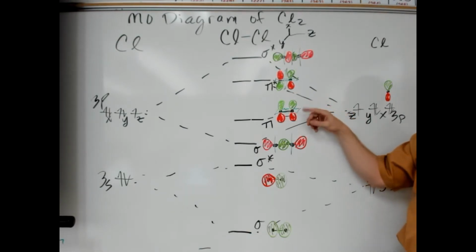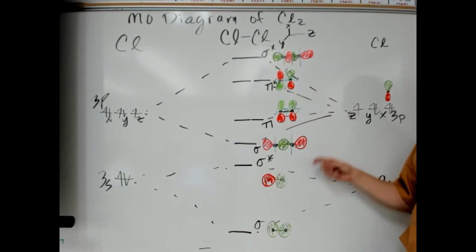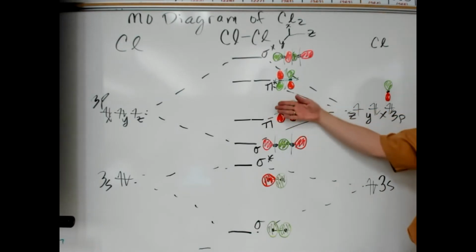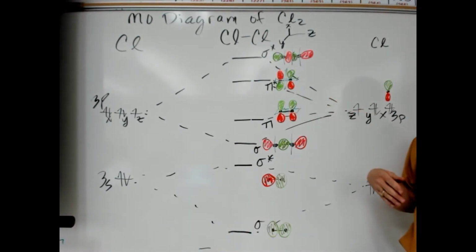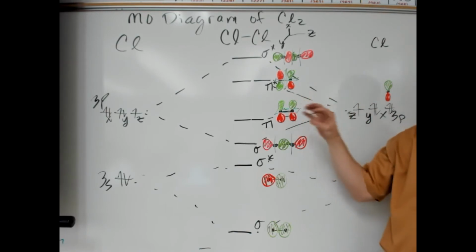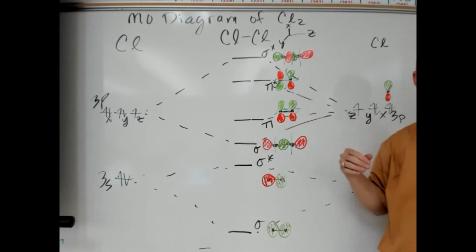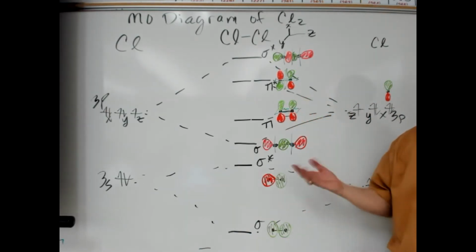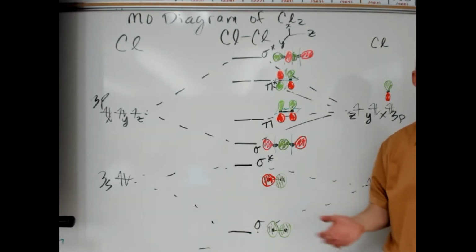I mean, it doesn't have a +1 on rotation. These have a +1 on rotation. This would have a -1 on rotation. If I rotated this by C2, it would change color, and I would call it a -1 on rotation. So pi interactions do not have that +1 on rotational symmetry that the sigmas do. So that's one way to tell if it's a sigma interaction or a pi interaction.